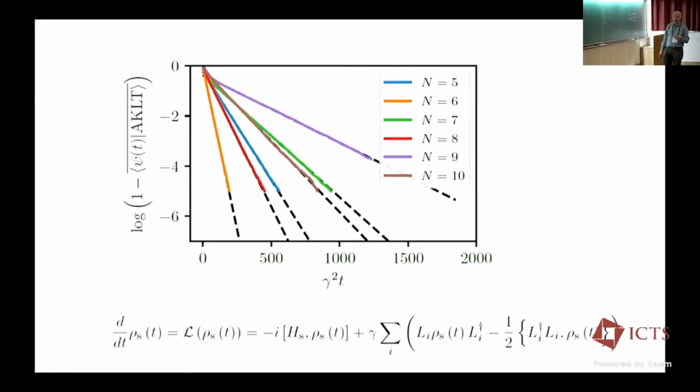Psi sub t is the running state, AKLT is the ground state of AKLT. And you can see that for different lengths of chains, this dependence is exponential. So it seems to work, at least in this example.